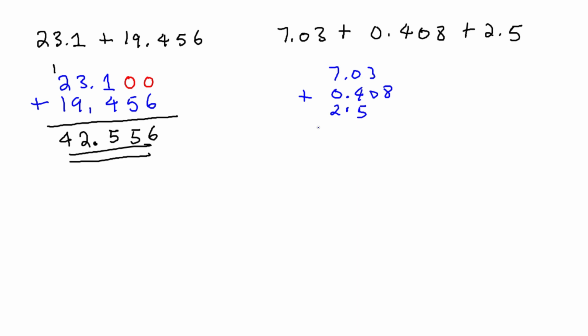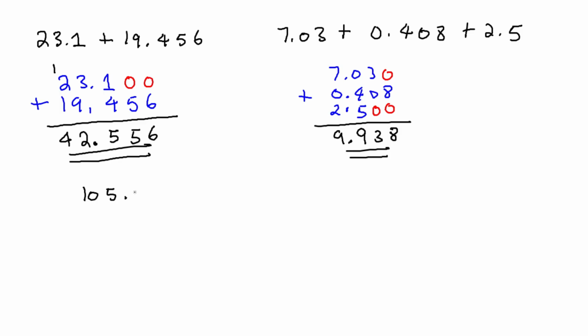Now fill in with zeros so that you can match the decimal places. We need a 0 here, 0 here, and another 0 here. Now let's solve. This will be 8, this will be 3, 5 plus 4, that's 9. Bring down your decimal point. 7 plus 2, that will be 9. So your final answer is 9.938.